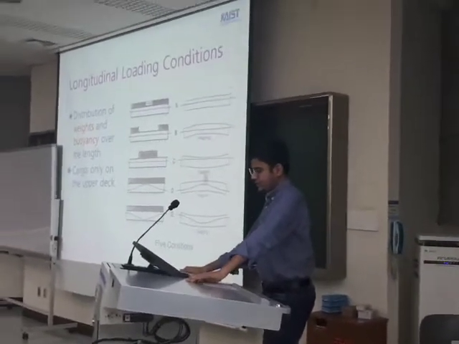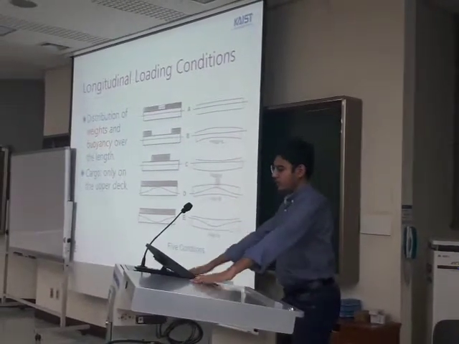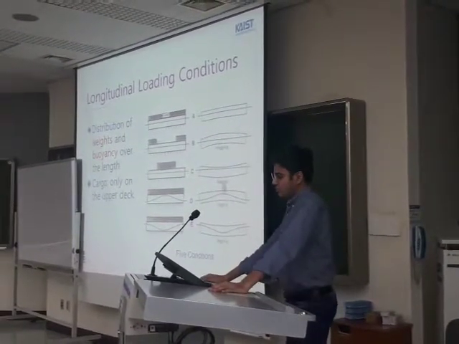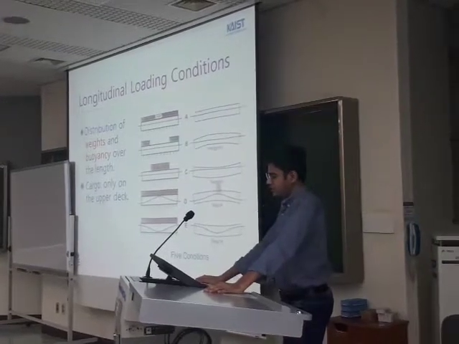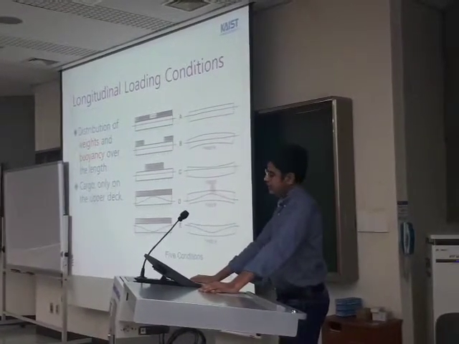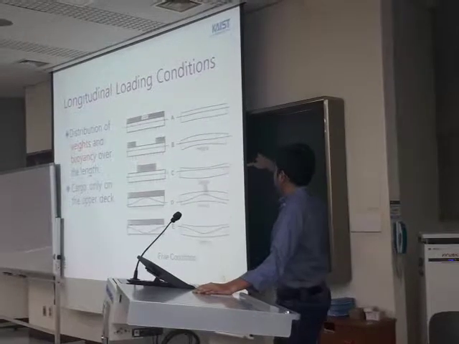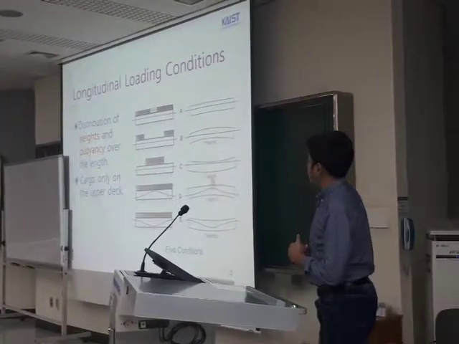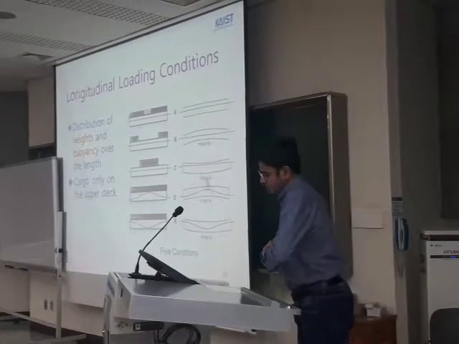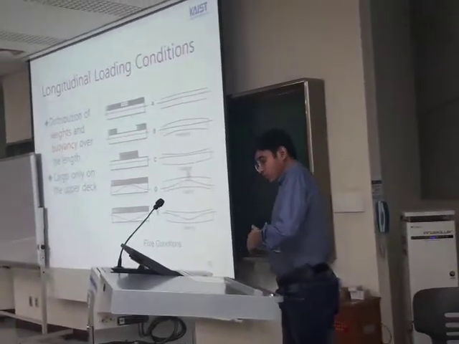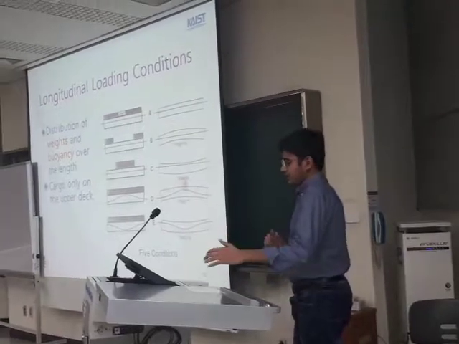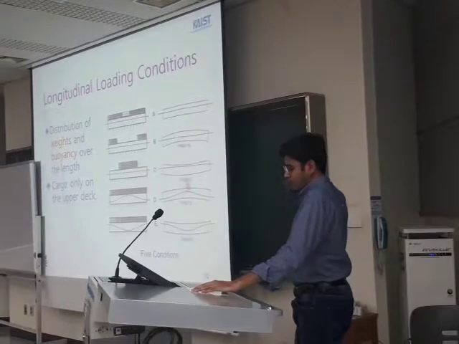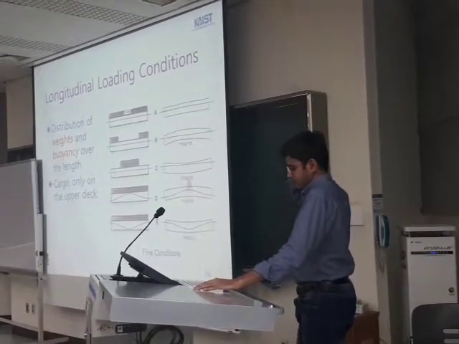In the second case, there is more weight at the ends than in the middle. So there is this condition in which the bottom side of the beam will curve upward. It is called hogging. And in the third case, when there is more cargo in the middle than on the ends, the beam will curve downwards in the middle, and it is called sagging.